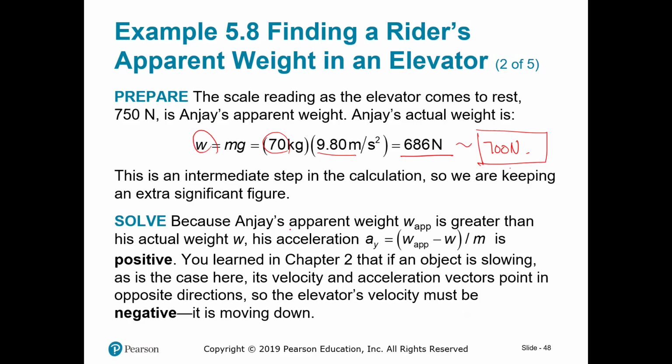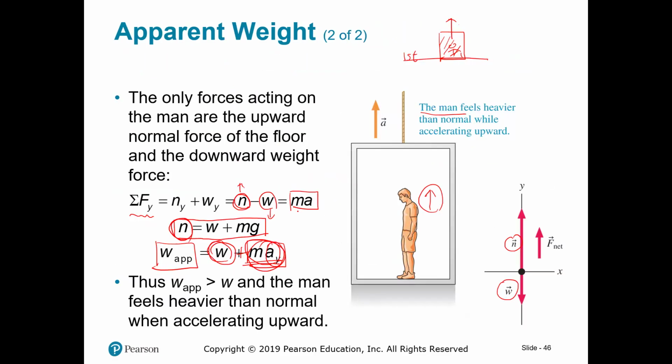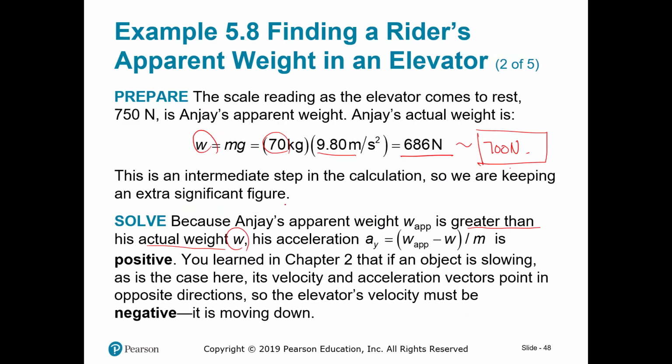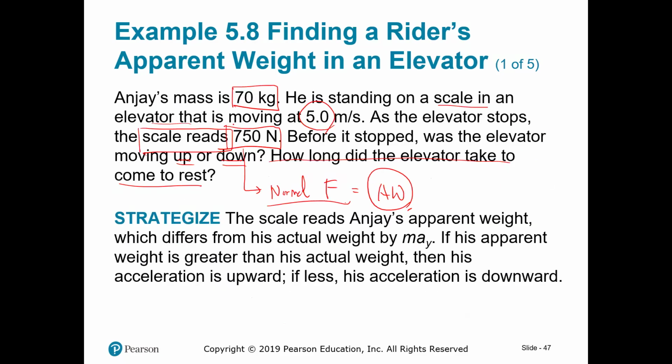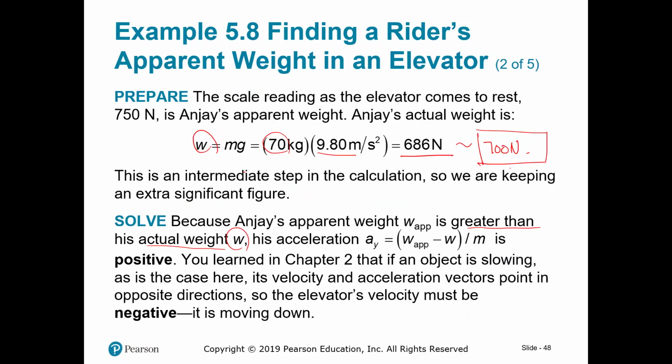But because the person's apparent weight is greater than his actual W, as you saw in the previous question, your normal force, the apparent weight, must be weight plus some positive quantity. So that's why your apparent weight for this case is about 15 Newton more, right?